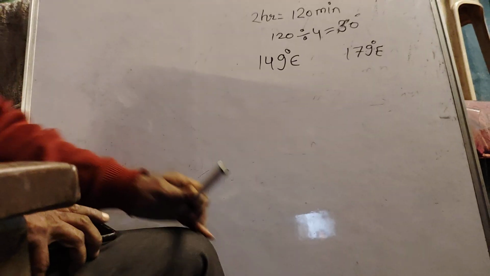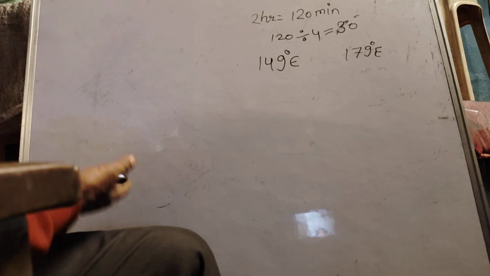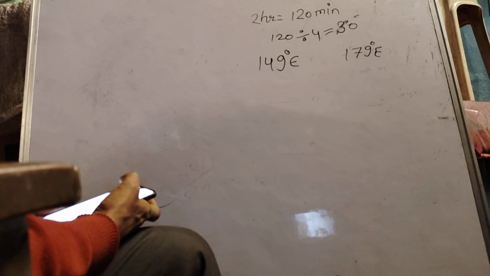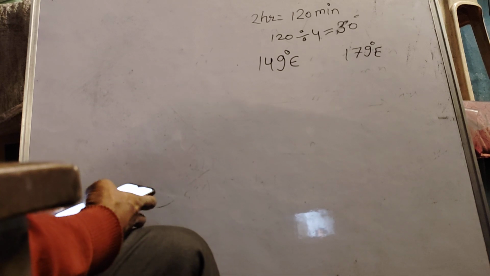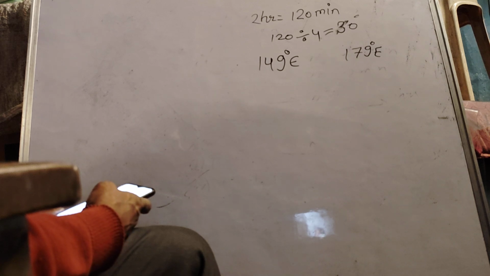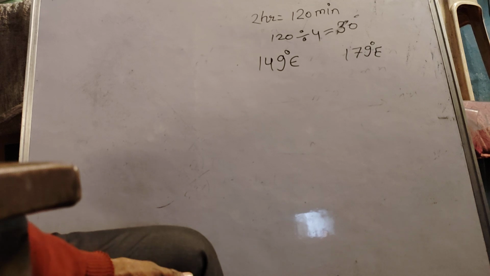This is the New Zealand timeline's location, 179 degrees east.